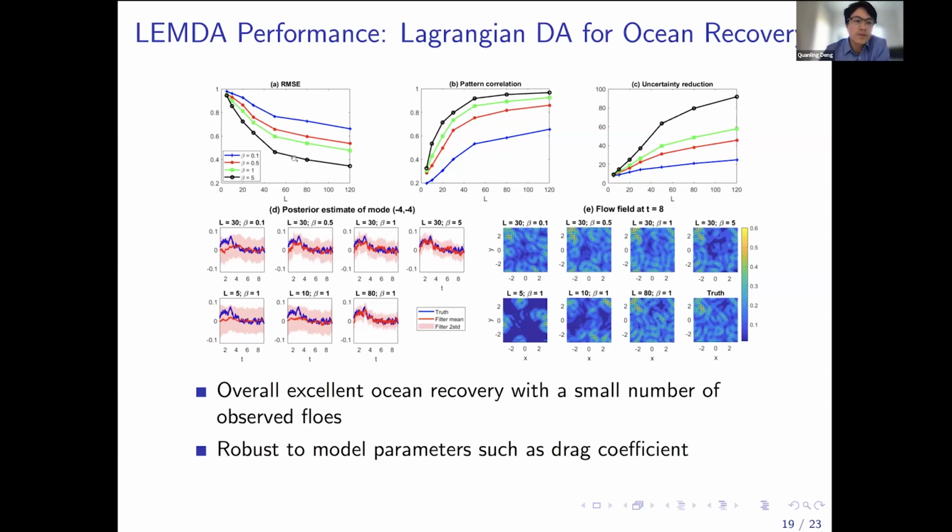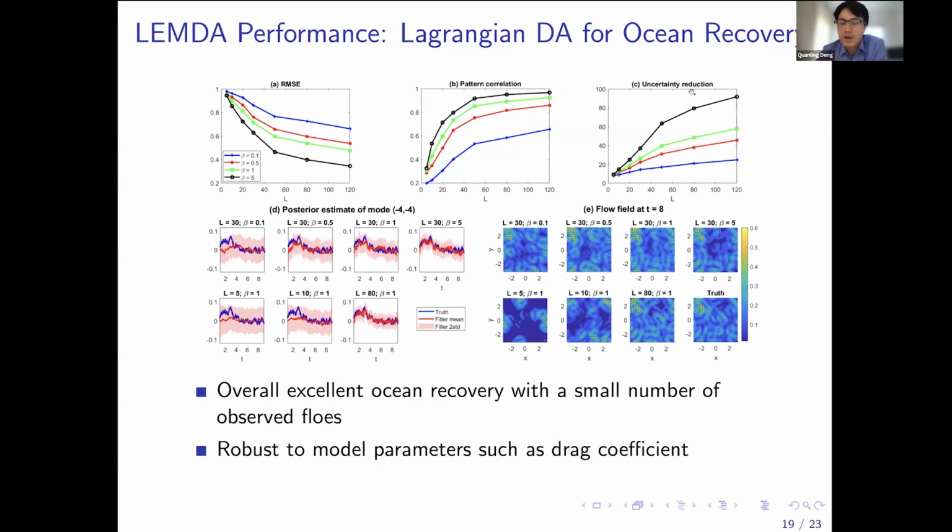So if the ocean drag coefficient is large, it means the floes will go to the asymptotic regime earlier, based on the theoretical understanding shown earlier. And then the pattern correlation, similarly, as the number of particle floes increases, the scores will get better, meaning go to 1. The closer to 1, the better the method is.